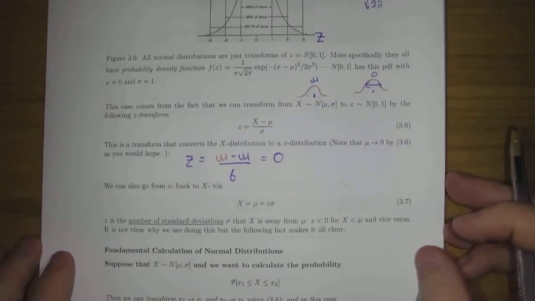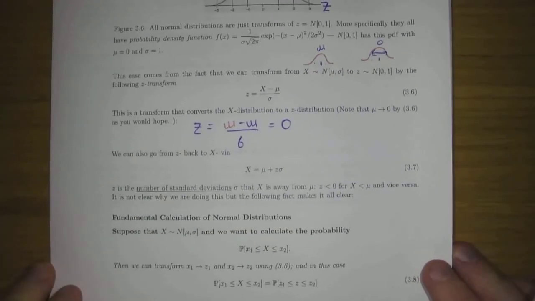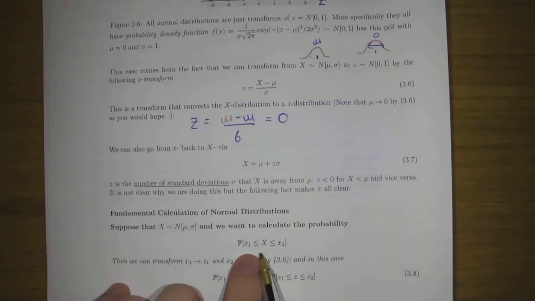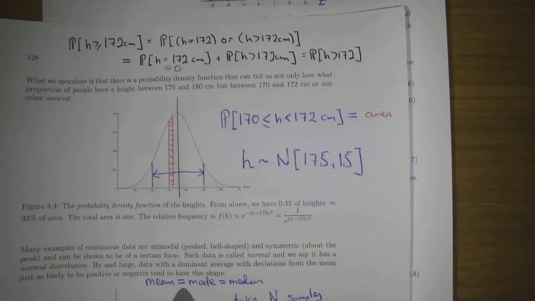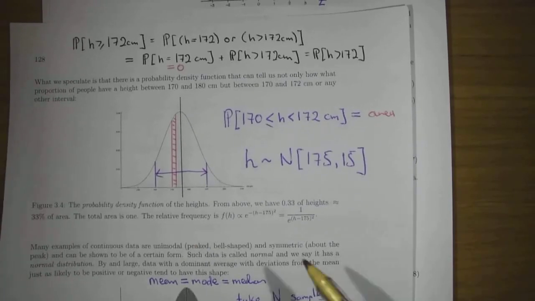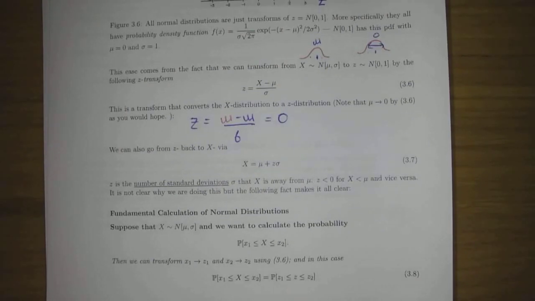Now it's not clear why this is all true, but what this is showing is that if you want to calculate the probability that a normally distributed random variable is between two numbers, for example, the probability that the height is between these two, you can transform this problem to a normal distribution, and instead of working with the x numbers, work with the z numbers, and it turns out that we can calculate this.